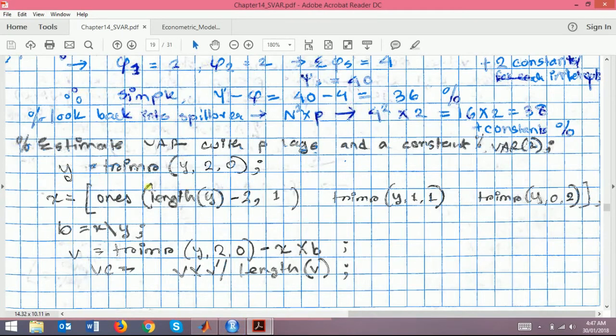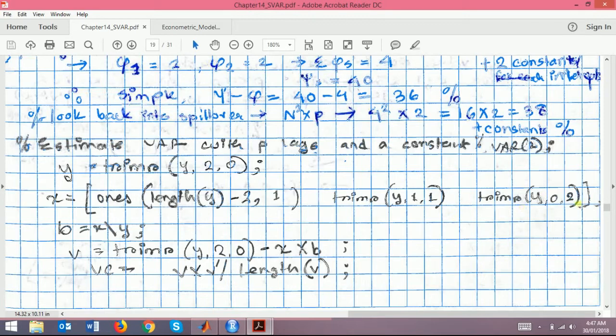Here we are doing y with lags, but in the last chapter this was our level, then our x was the ones column, which was from the length of the total data we removed minus 2. Then you see y11 and y02.